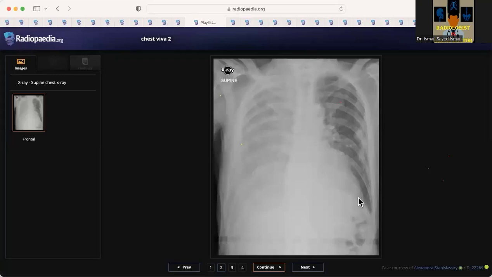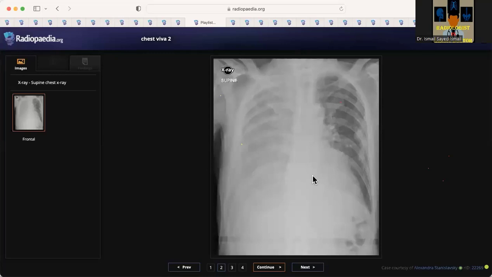Okay, the heart is a little bit shifted. So what does that point you towards? It could be a massive pleural effusion causing shift. It could also be a collapse of the contralateral side. Okay, well done.